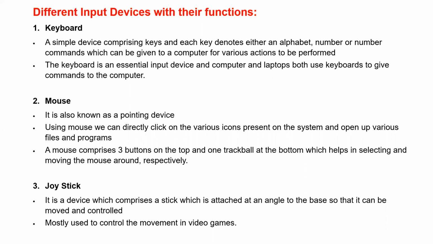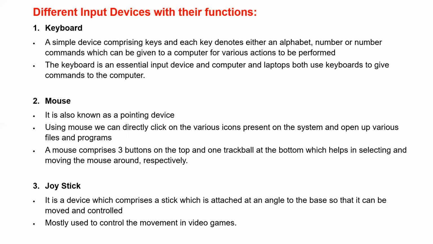It is also known as a pointing device because with the help of the mouse we can directly click on the various icons present on the system screen and open files and programs. A mouse comprises three buttons on the top and one trackball at the bottom, which helps in selecting and moving the pointer around the screen respectively.